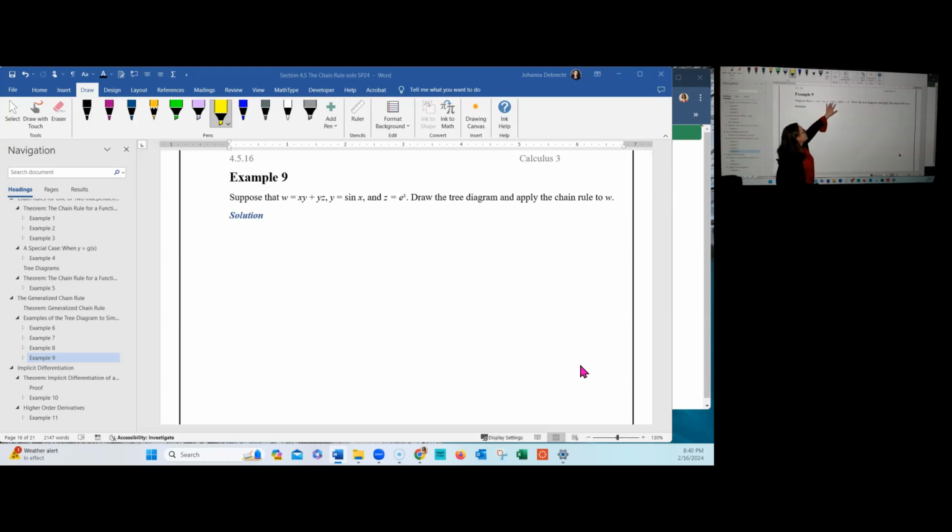Y is a function of x, sine x. Z is also a function of x, e to the x. First, draw the tree diagram, and then use the tree diagram to apply the chain rule to w. Go ahead and pause the video to work it out, then turn it back on so we can compare our results.